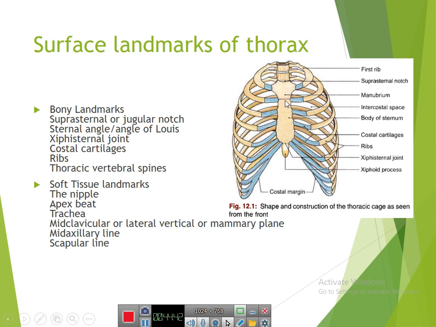The sternal angle or angle of Lewis marks the plane which separates the superior mediastinum from the inferior mediastinum, which I'm going to talk about in the future. The ascending aorta ends at this level. The ascending aorta is the first part of the aortic arch. The first part of the aorta, called the ascending aorta, ends at this level, at the sternal angle or angle of Lewis.